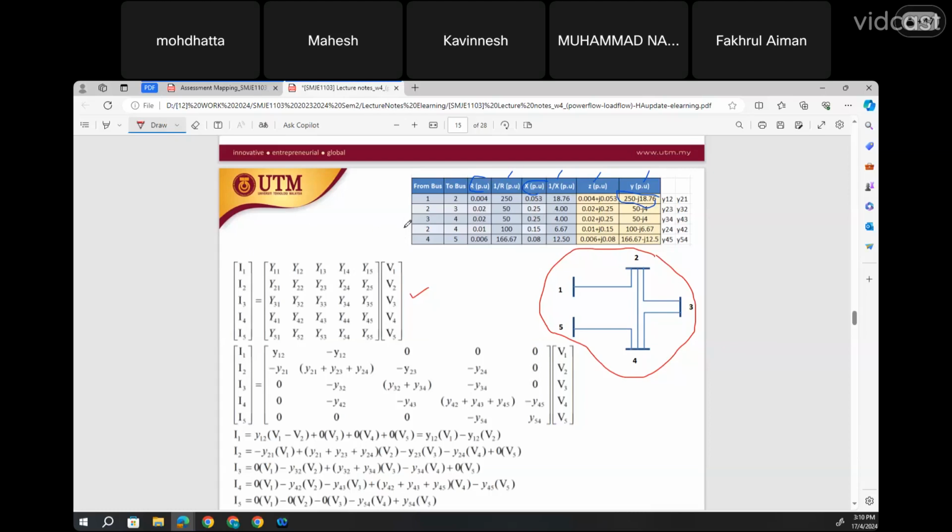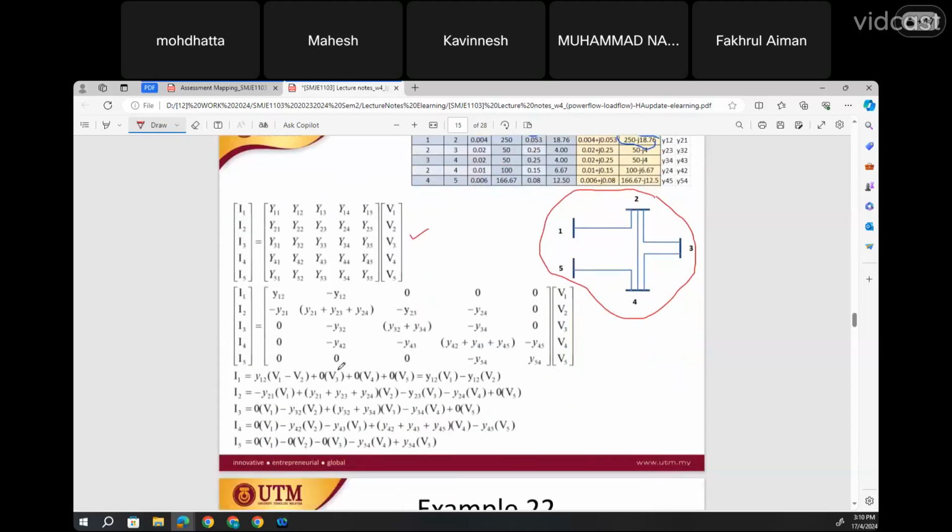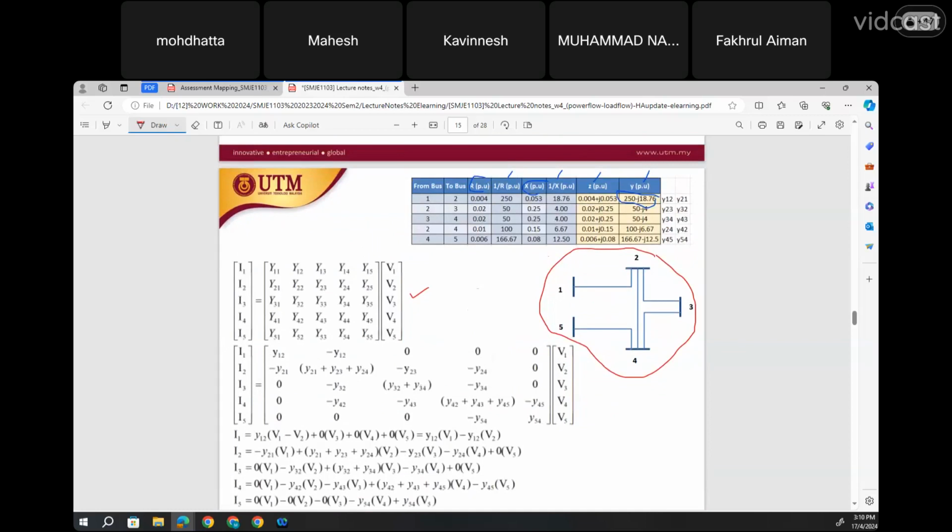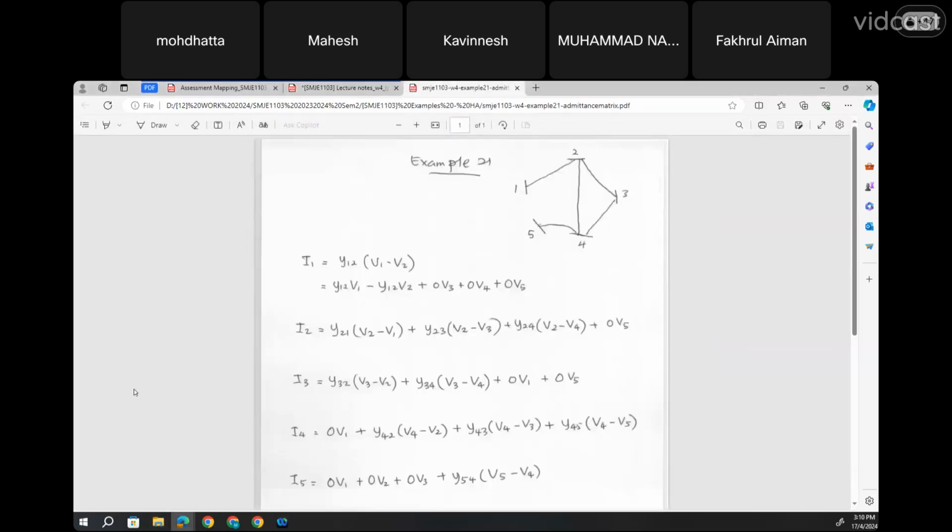How do we arrange this equation? Actually, this is the answer, and how I do it is by this equation. If I try to find I1, suppose I should find 5 currents because we have 5 buses. I1 can be found by looking at the connection of bus 1. I1 goes through this transmission line times the difference of voltages V1 and V2.